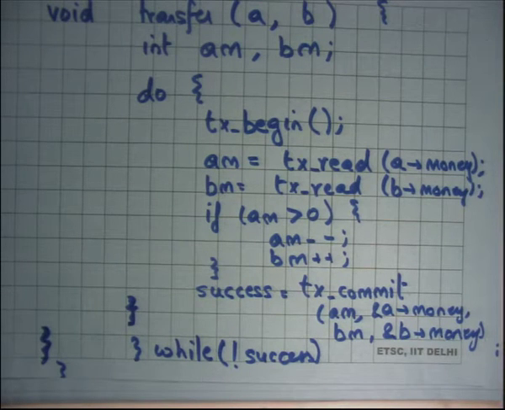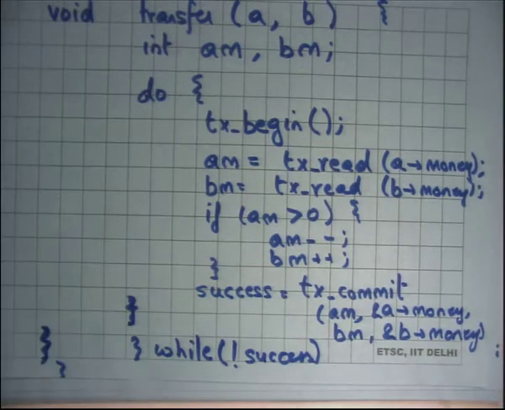It will in one go try to update the values of A dot money and B dot money, and it will succeed if between the Tx begin and Tx commit nobody else changed or read the value of these shared variables, right. So, I am basically saying here are the shared variables I have touched, and here are the new values of these shared variables, commit them to the real state if nobody else has read or written these variables during this time.